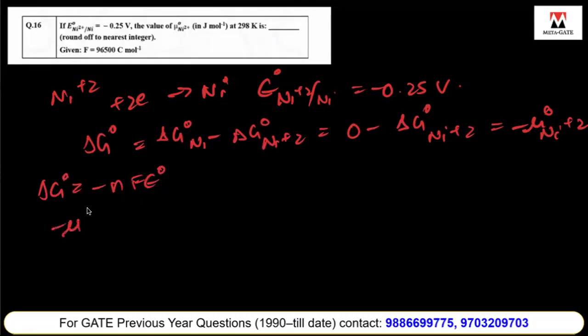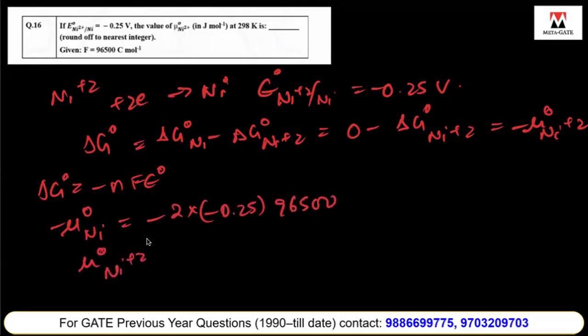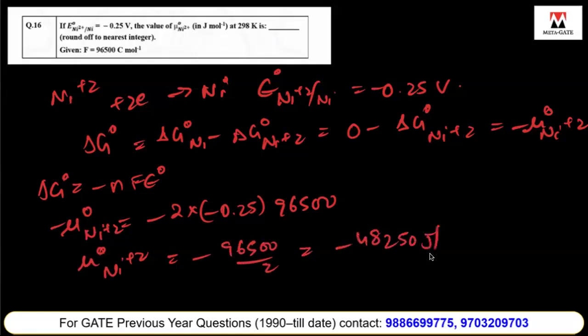So minus mu naught Ni plus 2 is equal to minus 2 into minus 0.25 into 96,500. So mu naught Ni plus 2 is equal to minus 96,500 by 2, which is equal to minus 48,250 joule per mole.